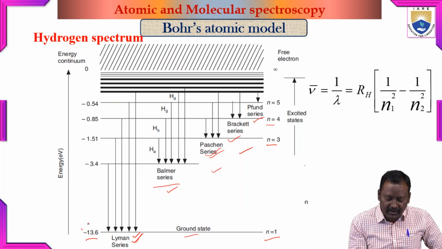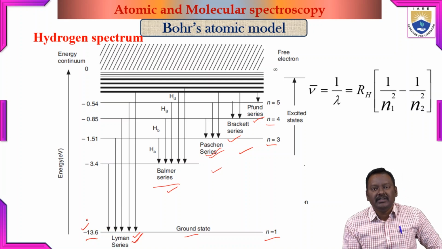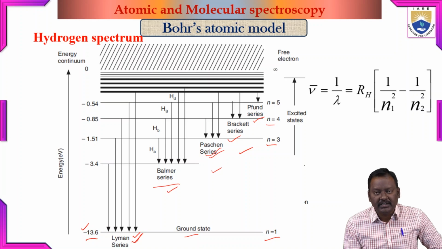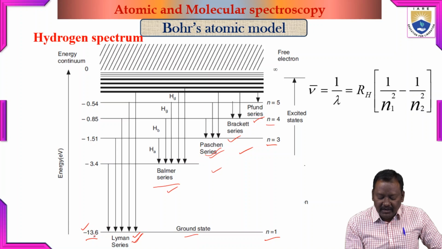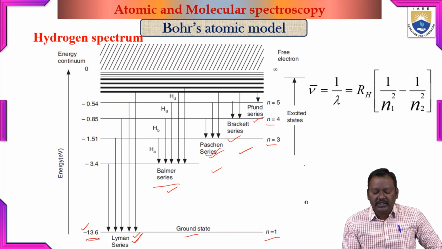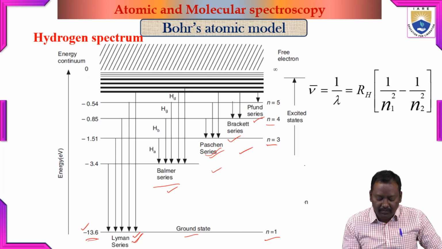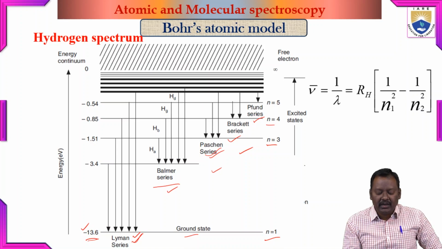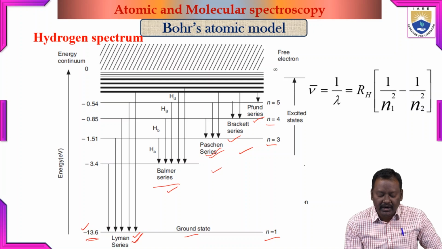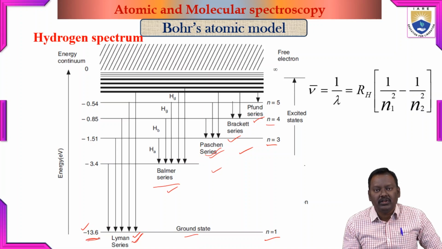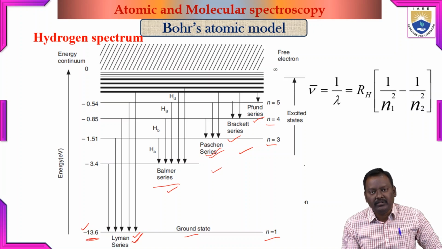This negative sign indicates that the electron is strongly bound to the nucleus. So if the electron is in the ground state, that means the first orbit, if you want to remove that electron, we need energy more than 13.6 electron volt.